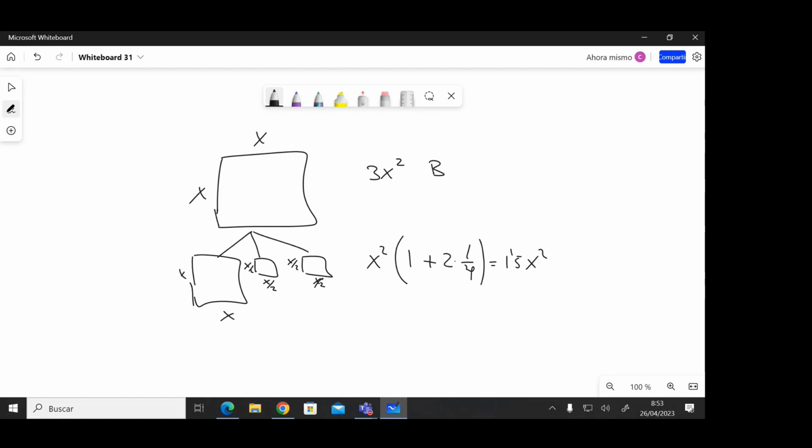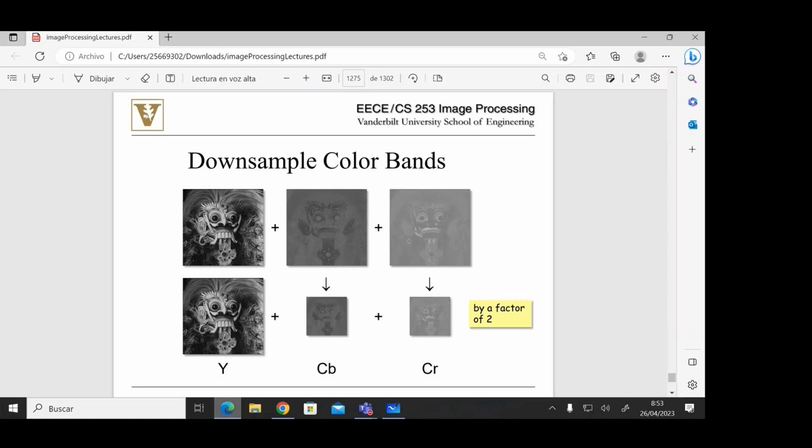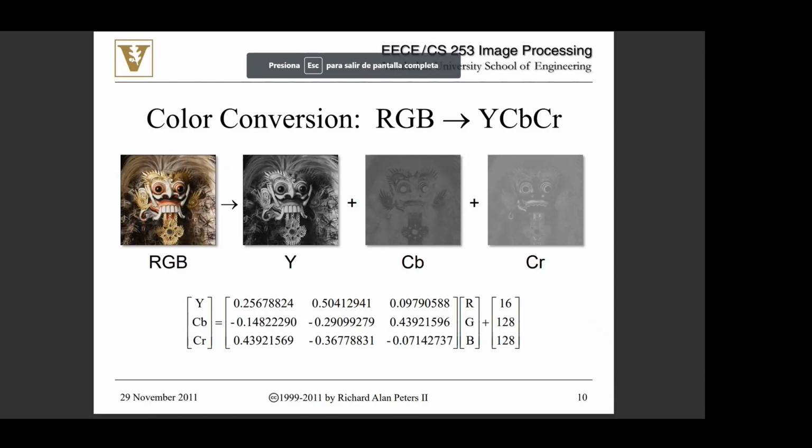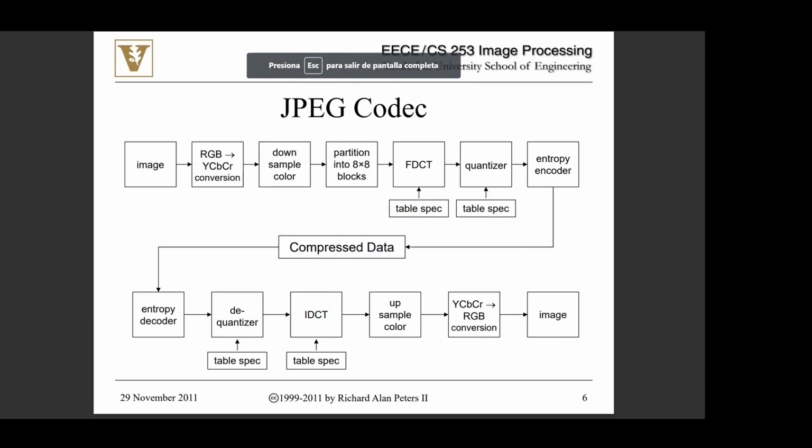the size of the image, and probably we have not compromised too much the quality of the image. So in this pipeline, we will do many more things, but even if we stay at this point, so let's say that our encoder decoder is just this step.